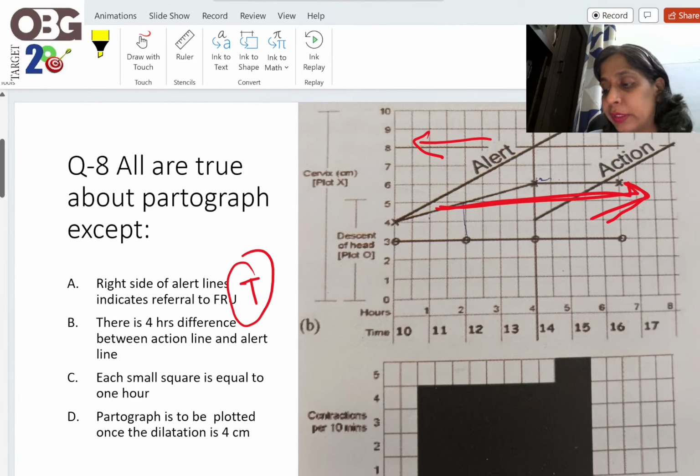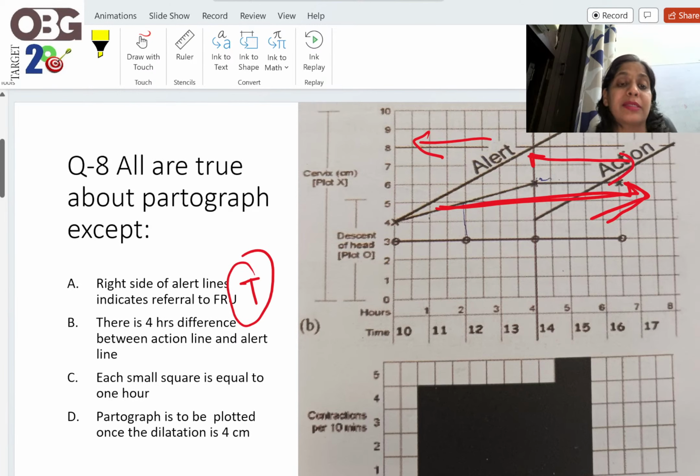Okay, and in the government setups, the cesareans are only and only available in the first referral units. Okay, there is 4-hour difference between the action line and alert line. Yes, you can see here that there is 4 hours difference, because we know the definition of the first stage active arrest, as Dr. Nimra has told us, is 4 hours with adequate contractions.